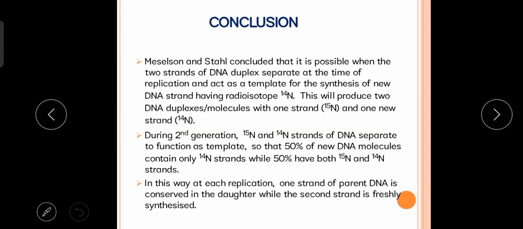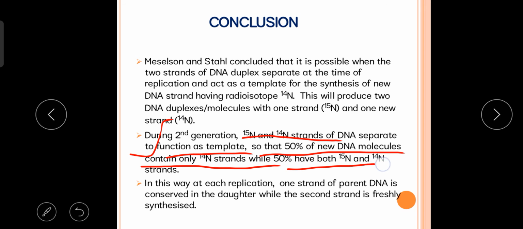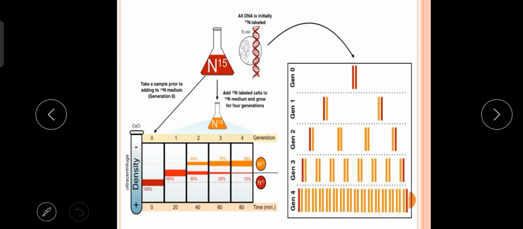So here it says during the second generation, the 15N and 14N strands of DNA separate to function as templates so that 50% of new molecules contain only the 14N strand, whereas 50% contain both 15N and 14N strands. Here in the second generation, 50% are lighter.